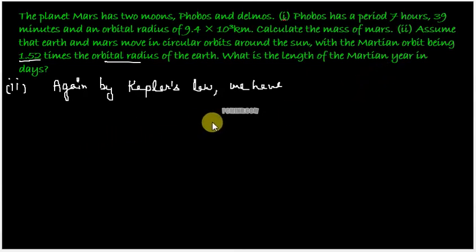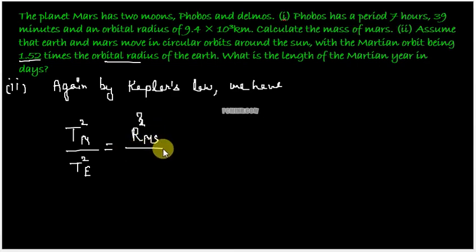Now we know by Kepler's law again that T square for Mars, its ratio to T square for Earth, would be equal to r cube of the Martian orbit around the Sun upon r cube of the Earth's orbit around the Sun.